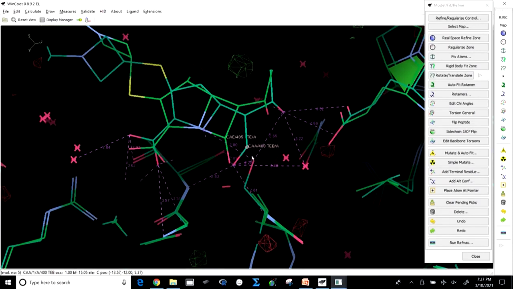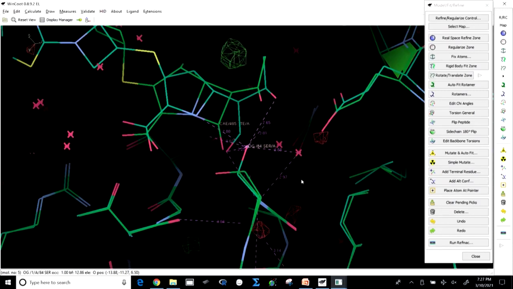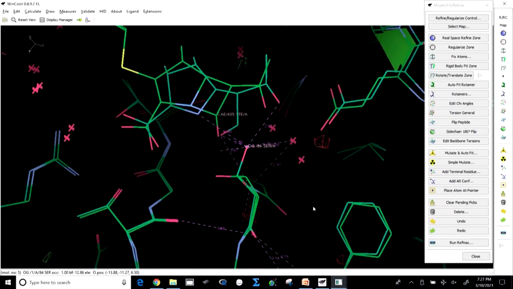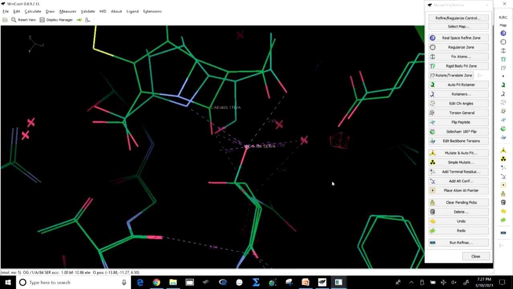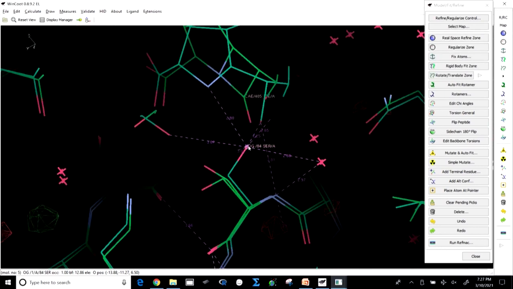Now, this is very close to the serine. So, very interestingly, if you note here, there are 3 serines you see. One serine belongs to the covalent bond.